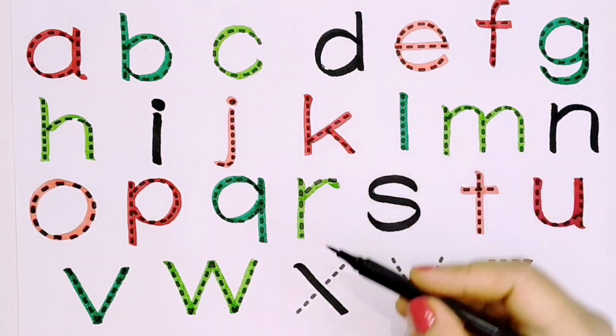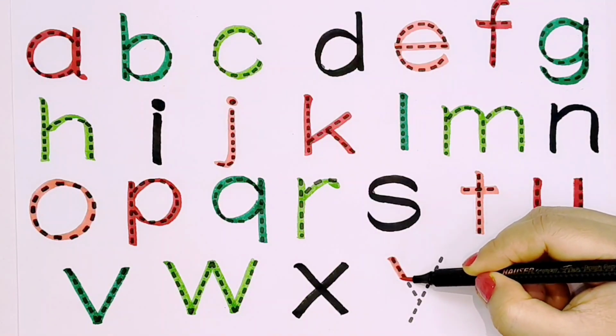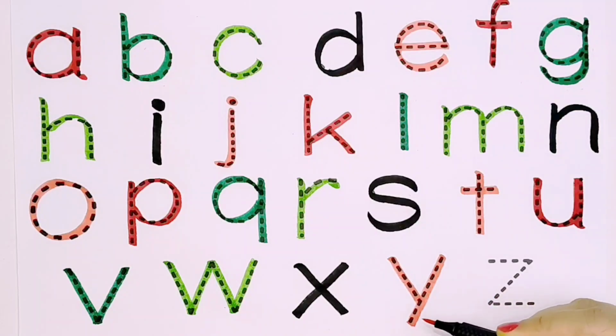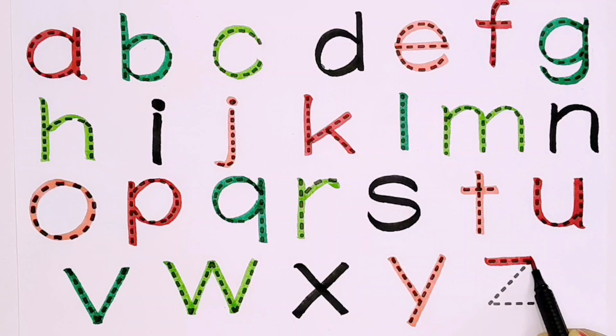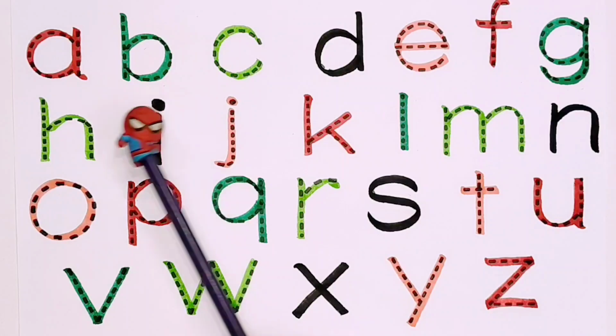X. X for Xmas tree. Y. Y for yak. Z. Z for zero. Let's learn again.